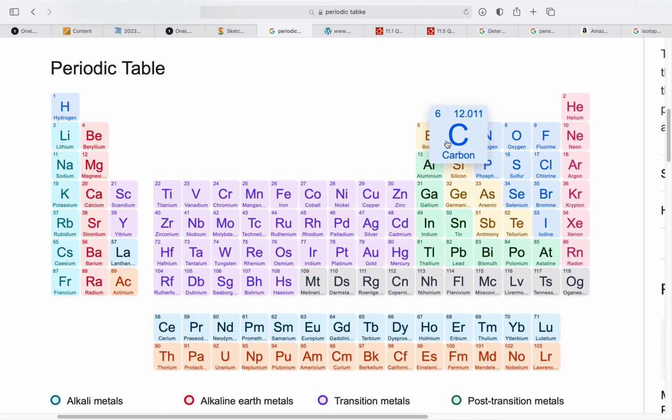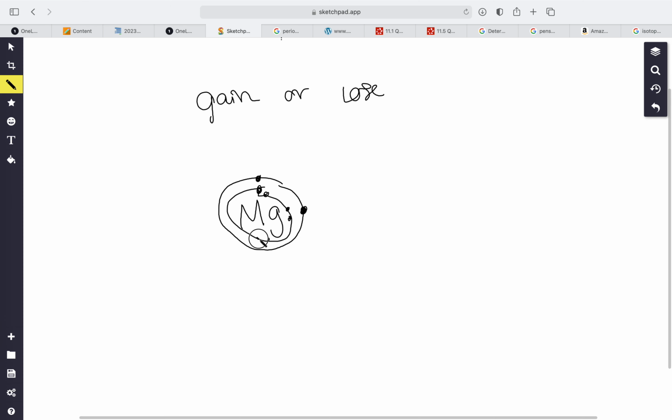So it's 1, 2, 3, 4, 5, 6, 7, 8. So the bottom shell's happy. They have nothing to worry about, they're chilling down at the bottom. So it can either lose 2 electrons, or it can gain 6 electrons.